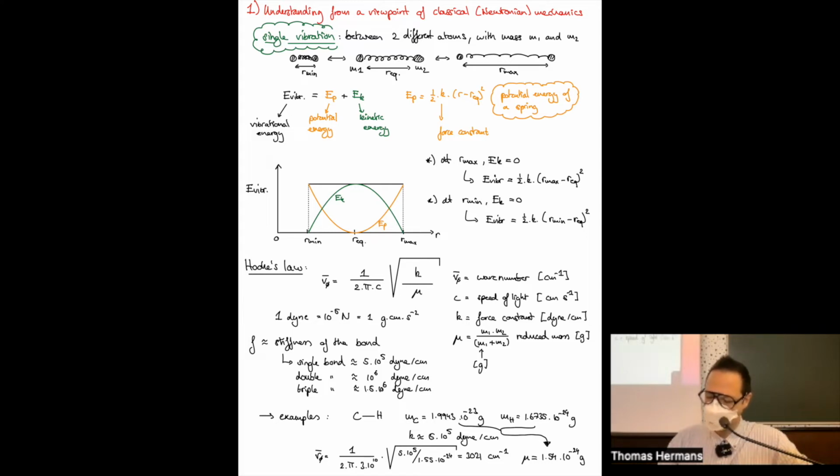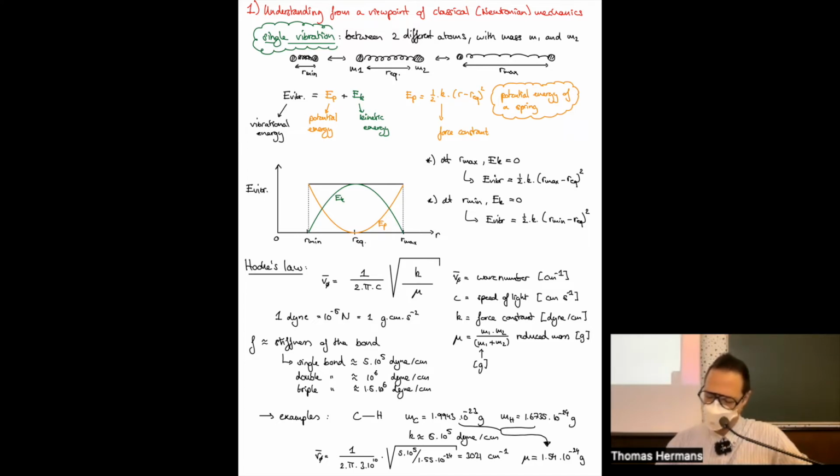Normally the speed of light is 3 times 10 to the 8 meter per second, but since we're going to use inverse centimeters, we're going to write everything in centimeters. Again, like always, be careful of the units. k is the force constant, and this also has funny units, dyne per centimeter. We'll see what that is.